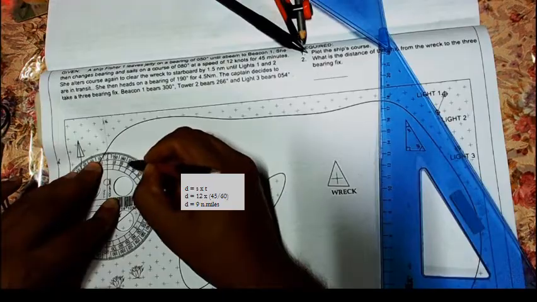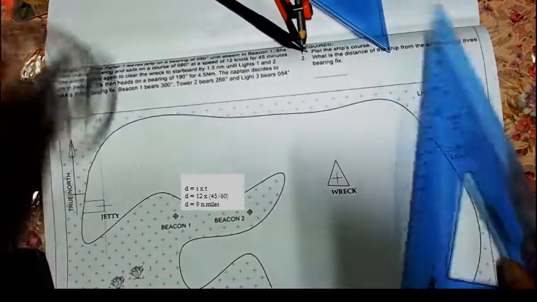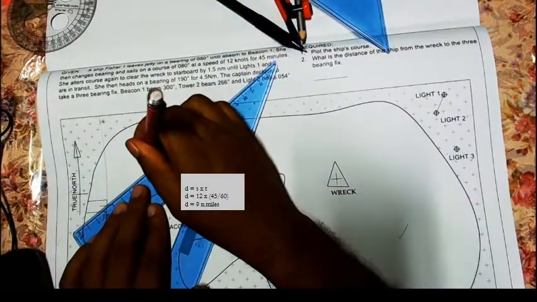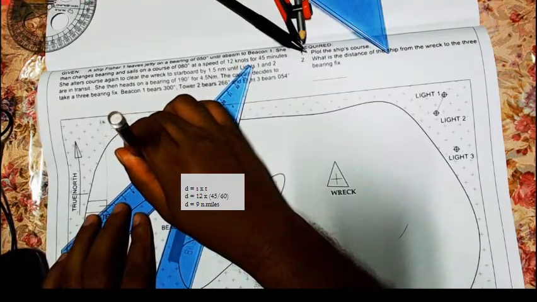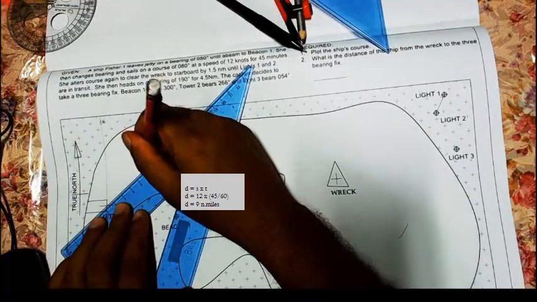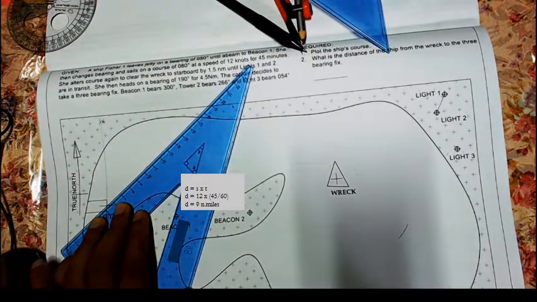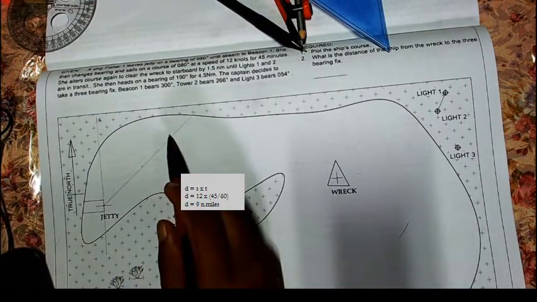That's 10, 20, 30, 50 is here. Then I'm going to join this point to the starting of the jetty.